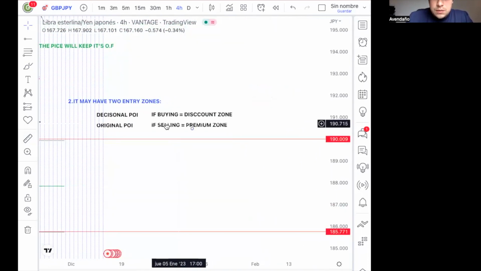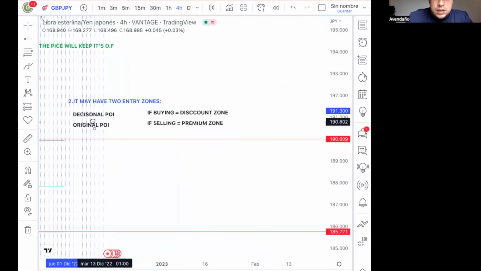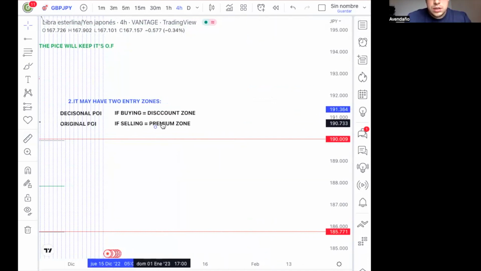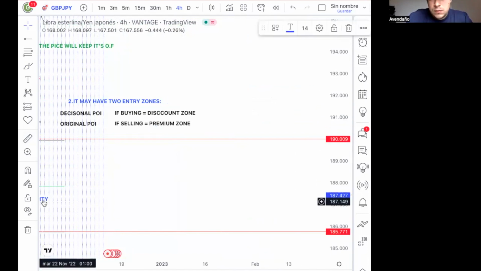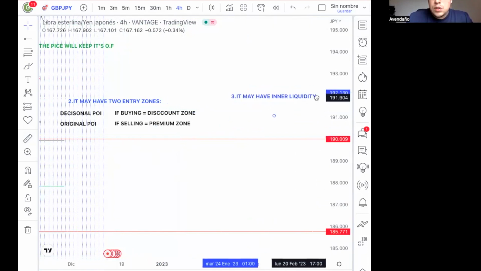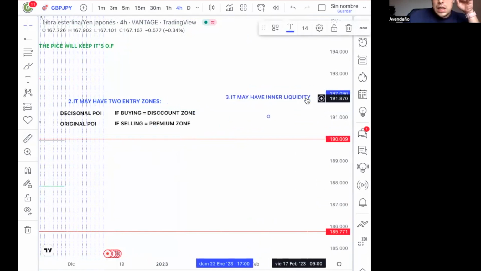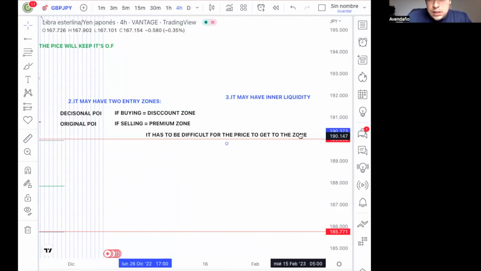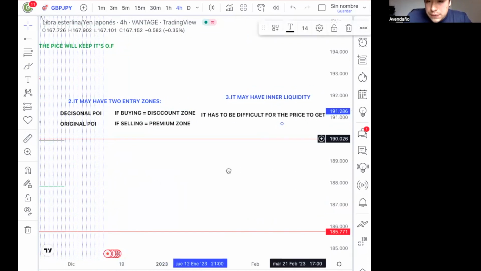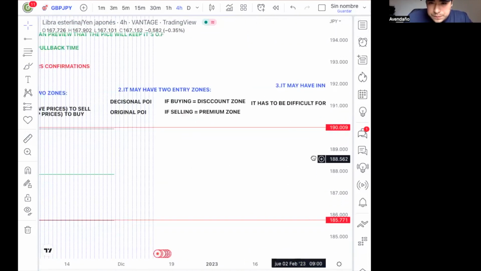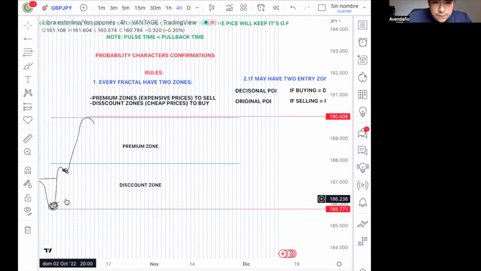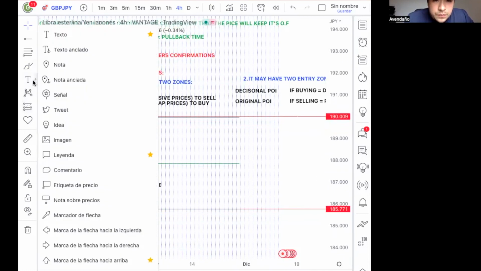This consists of observing the chart in the moment you want to trade, I mean in session, and observing that your fractal has inner liquidity. This means, in other words, that it has to be difficult for the price to get to the zone.